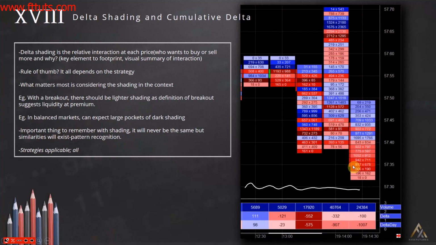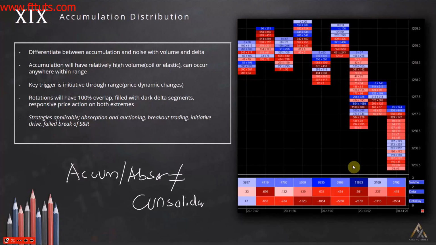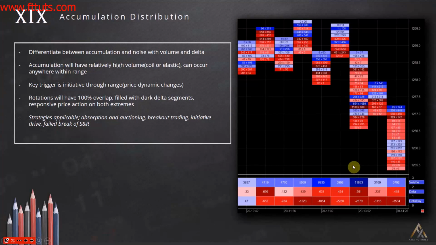Okay, let's move on to the next principle, accumulation and distribution. I said to you very early on in Unit 3 that accumulation, or absorption, does not equal consolidation, and a lot of people make this mistake. It's not the same thing, because accumulation or absorption is an aggressive thing.